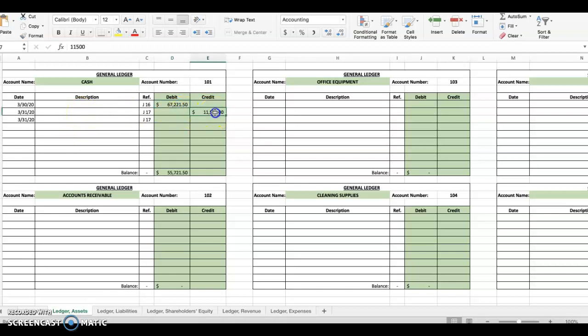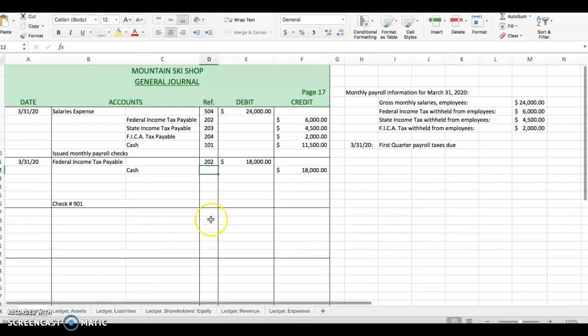It was credited to cash, so that's shown there. And now we're going to credit $18,000 because that's the amount of 3 months worth of federal income tax that we have to pay, and that reduces our cash balance. Account 101, back into the journal.